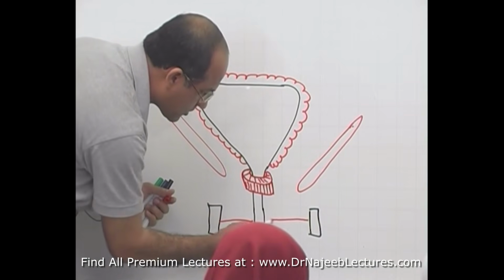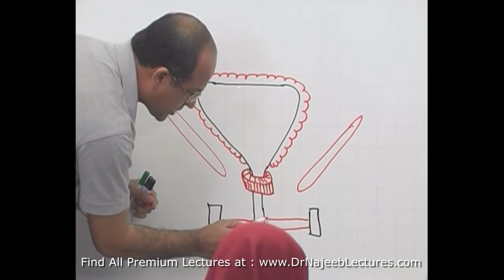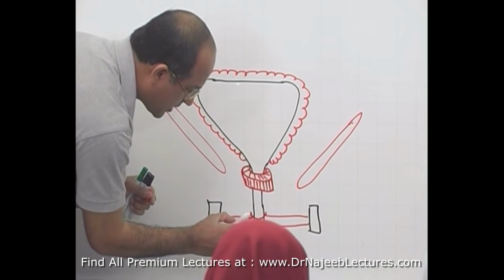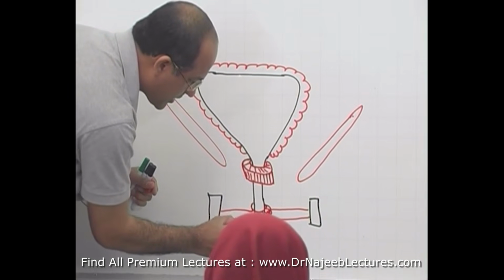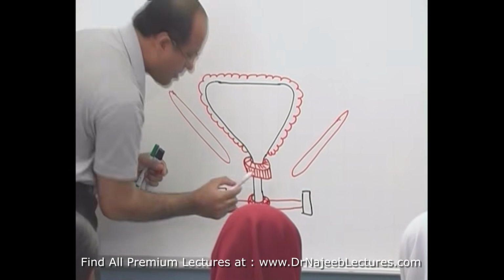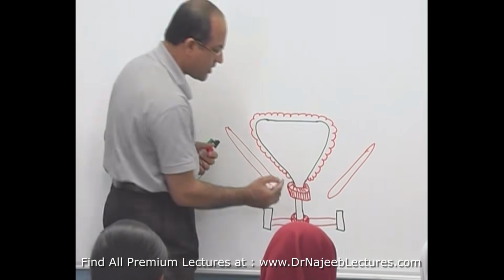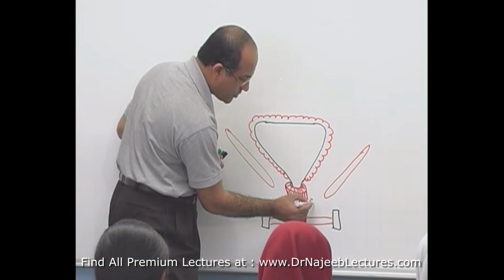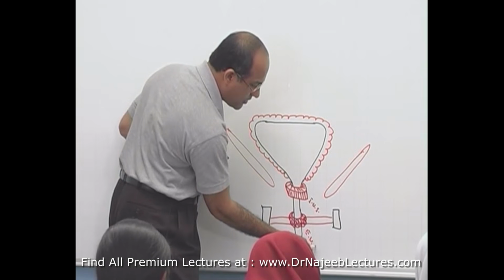this is the membranous part of the urethra which is passing through this area, and there is a very special type of sphincter present over here, and this is the external urethral sphincter. So we can say this is the internal urethral sphincter and this is the external urethral sphincter.